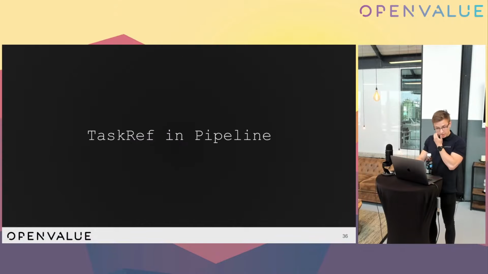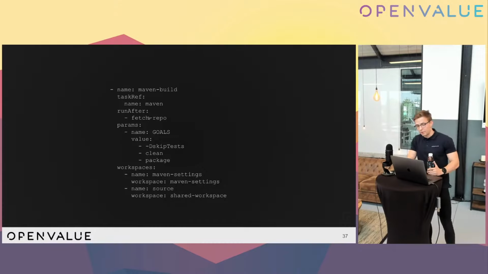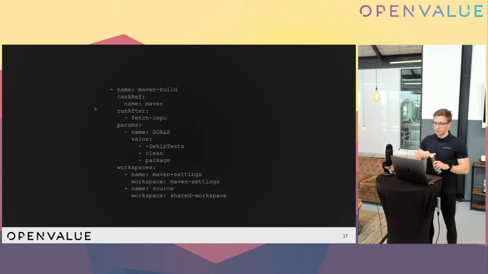So what does a task reference in a pipeline look like? Because the screen was too small to show it in the previous example, but here we have Maven build. We call it Maven build, where we refer to the task Maven, and we're gonna run it after the fetch repo task.